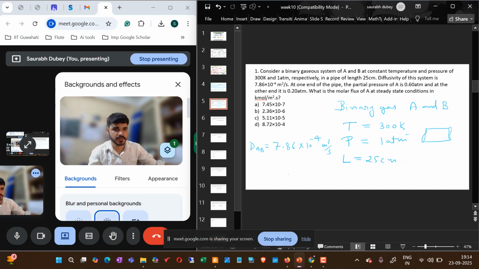And in this pipe, PA is given as 0.6018, so PA equals 0.6018, at one end, and at the other end PA2 is given as 0.2018, right?